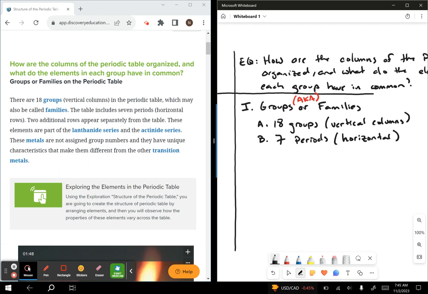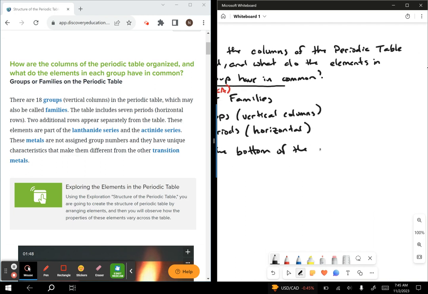You also have, located at the bottom of the periodic table, I'll just put PT, so you know that's what we refer to as the periodic table, the lanthanide series and the actinide series.